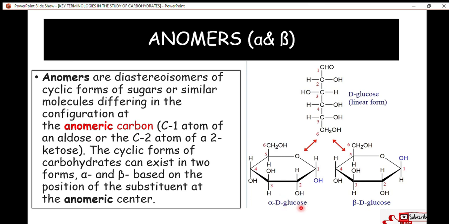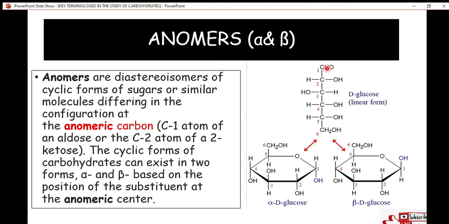These anomers can only be determined when sugars are in their cyclic forms. They cannot be determined in the Fischer projection. We can't deduce whether this glucose is in the alpha form or a beta form, unless we convert it into a Haworth projection. In order to convert this into a Haworth projection, there is a reaction between the aldehyde functional group here and the OH here, with a loss of water between these two molecules.